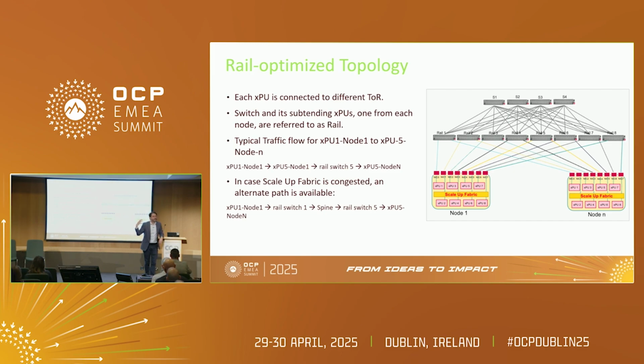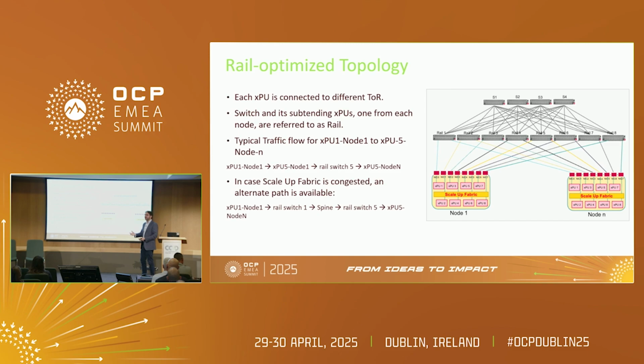Why do we use it in this environment? Because the communication collective libraries and algorithms that we have are optimized for these types of topologies. What it means is that when you use this type of topology, all your communication will happen just at the first tier of the network. No data will be sent to the spine layer. Because you are removing essentially one network hop, you're not only reducing the latency, you are significantly improving the performance of your machine learning algorithm.